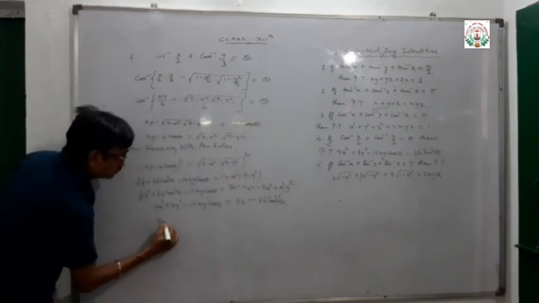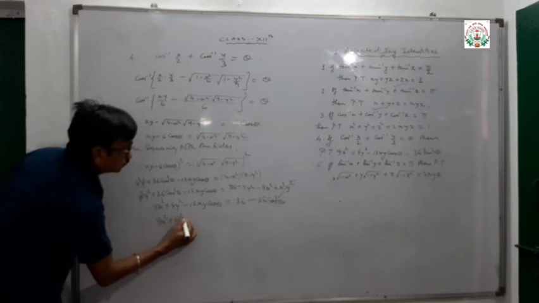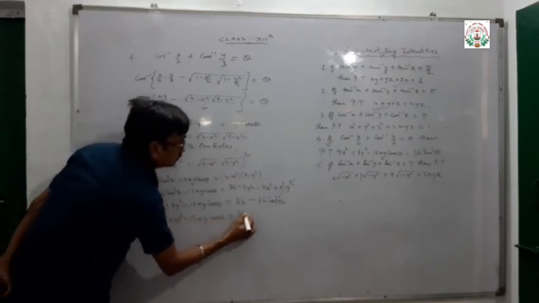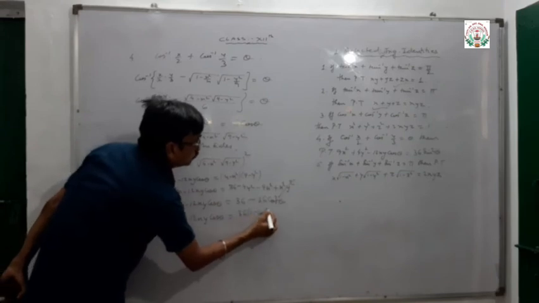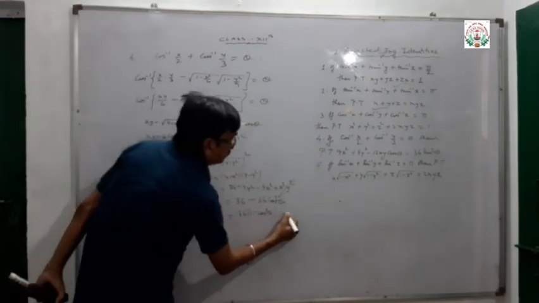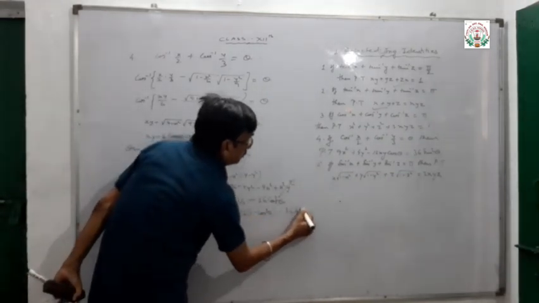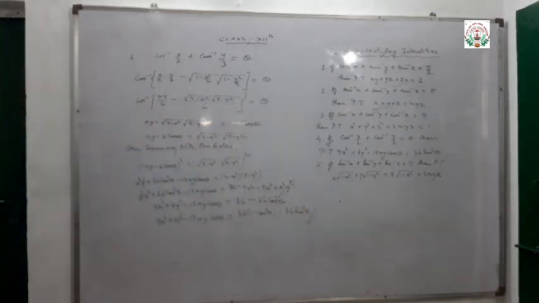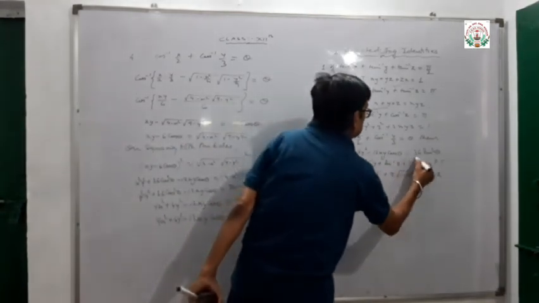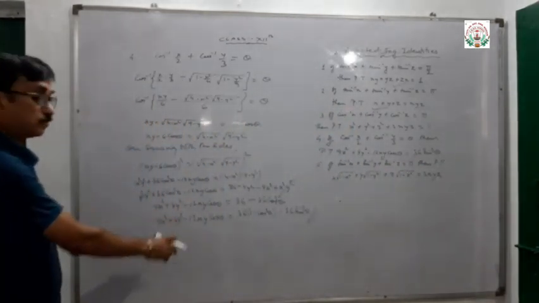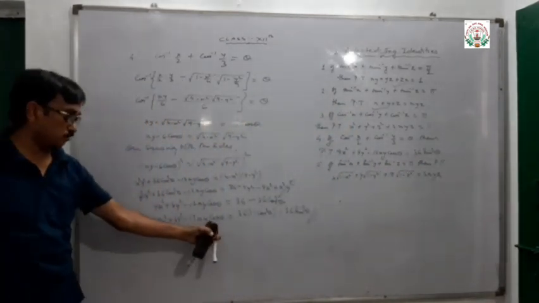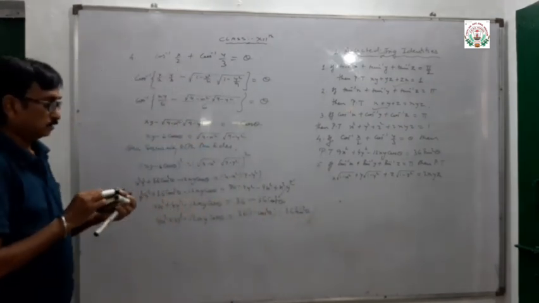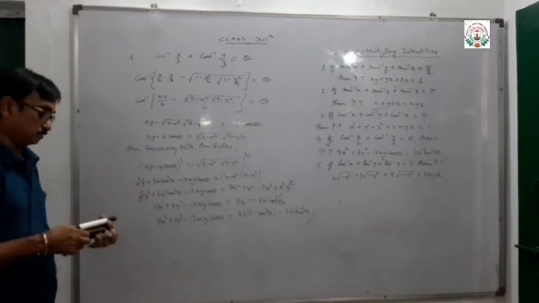So 9x square plus 4y square minus 12xy cos theta equals 36 common, 1 minus cos square theta, and 1 minus cos square theta is sin square theta, which becomes 36 sin square theta. So we get the proof: 9x square plus 4y square minus 12xy cos theta equals 36 sin square theta. Now let's come to the fifth question.